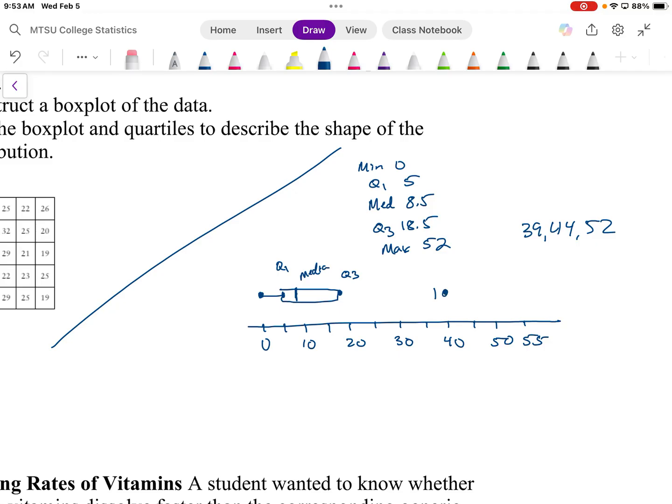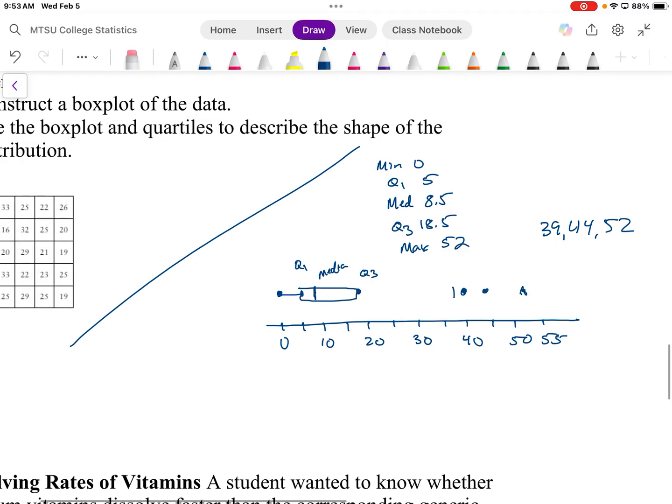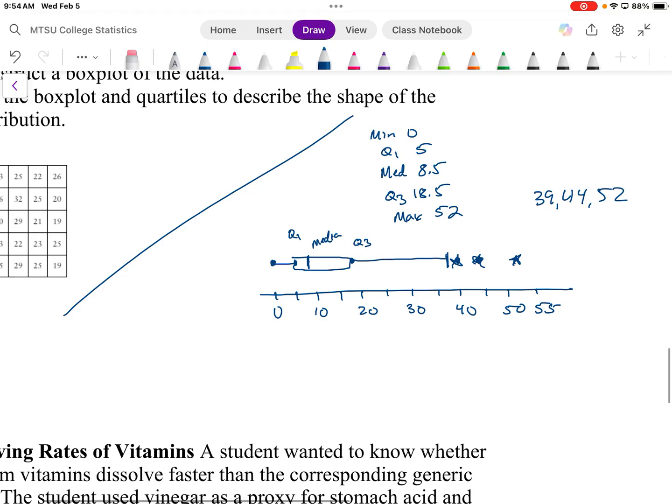At 44, I'd put an asterisk. And at 52, I'd put an asterisk. So we got asterisk, asterisk, asterisk. And then I would just kind of draw my whisker up until the fence is what I would do there. But I would stop short of that first outlier. So these numbers right here are my outliers. I stopped the fence just short of that.